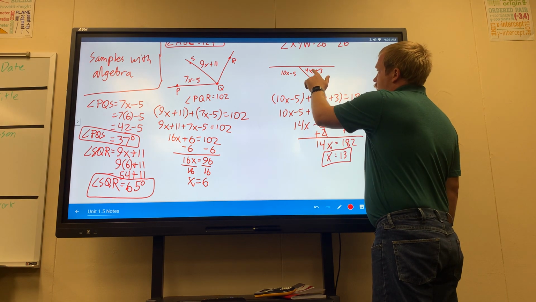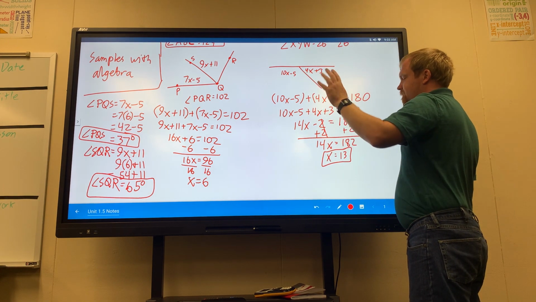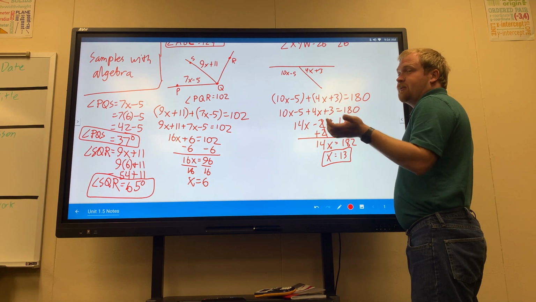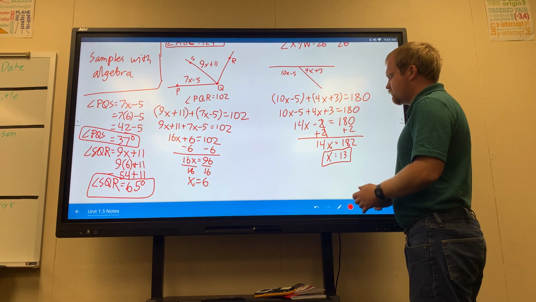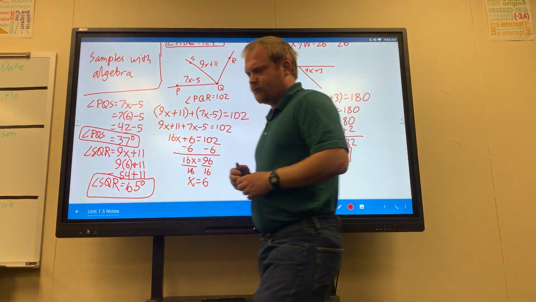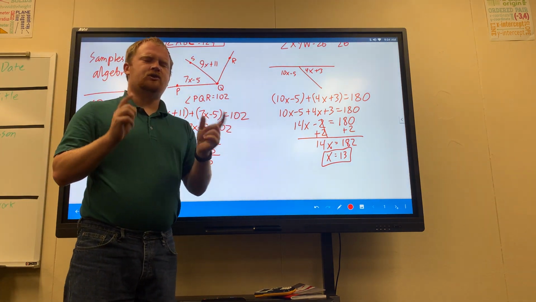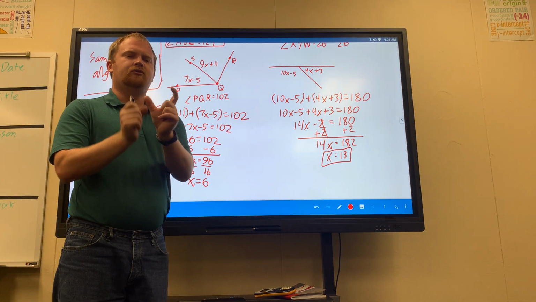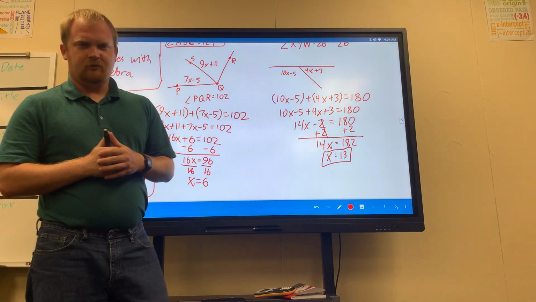And to solve the other angle, 4x plus 3, it's 4 times 13 plus 3. That's going to give you the two missing angles. So just be aware that even with angles, given two parts gives you the whole angle. Thank you, and have a good day.